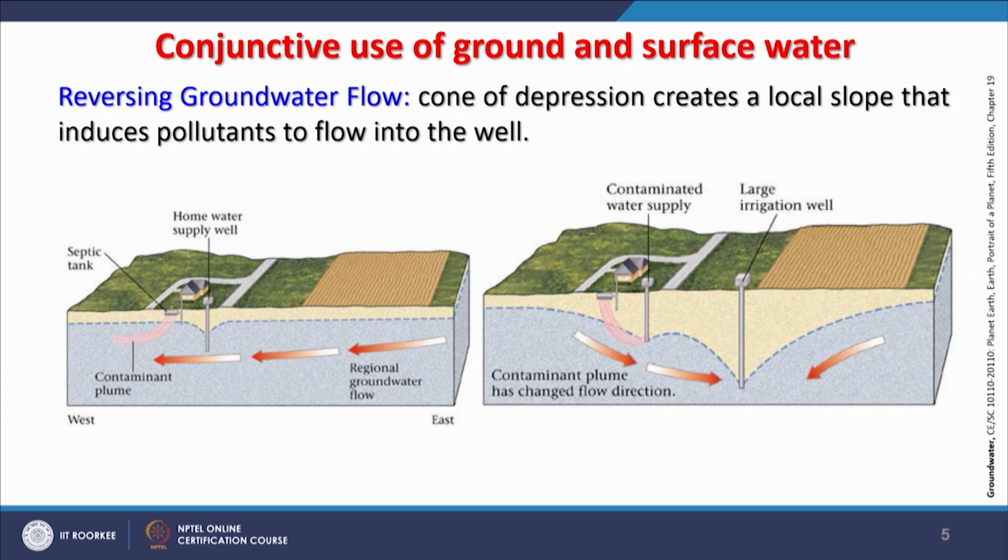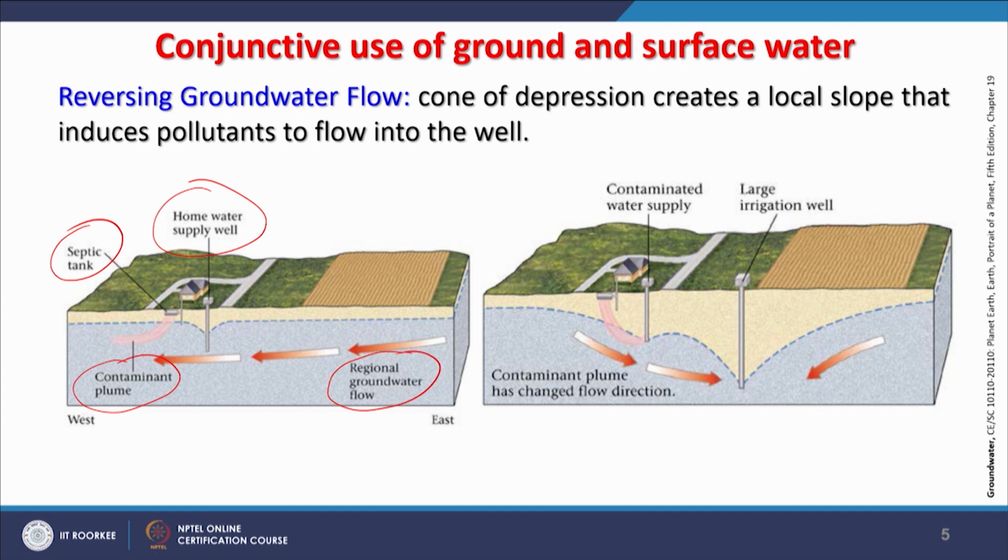Again, two schematics. In one, the water table is at high levels and not much pumping is there, just home water supply or municipal supply, with a simple septic tank, and the regional groundwater flow is there. The contaminants, though they are there, are not going towards the well, they are going away from the well.